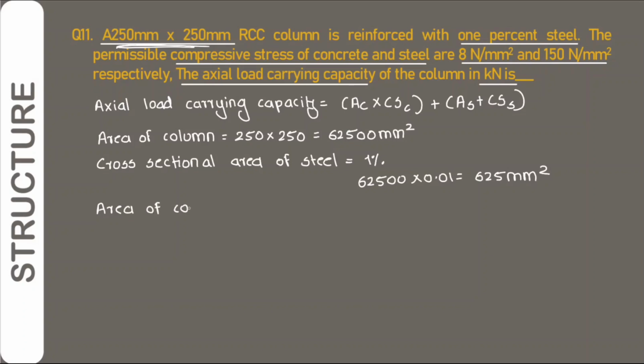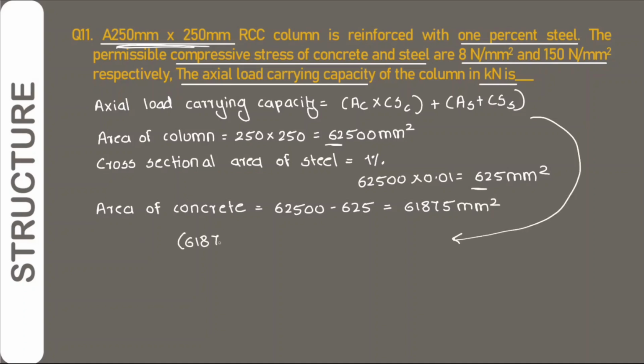So the area of concrete will be the area of column minus area of steel, that is 61,875 mm square. Using the above formula and putting all the values, the total axial load carrying capacity of the column comes up to be 588.75 kilonewtons.